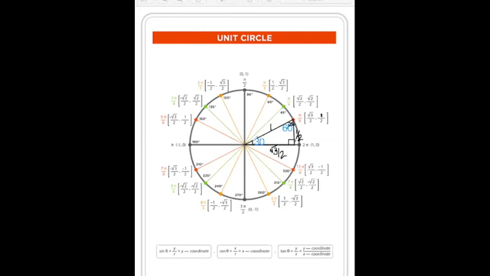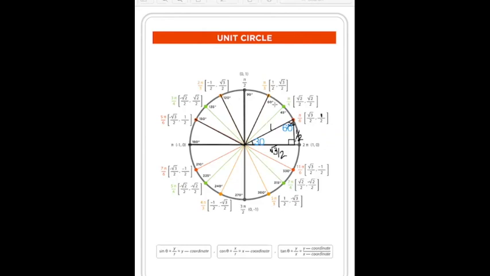Now look, let's count by 30s. 30, 60, 90, 120, 150, 180.